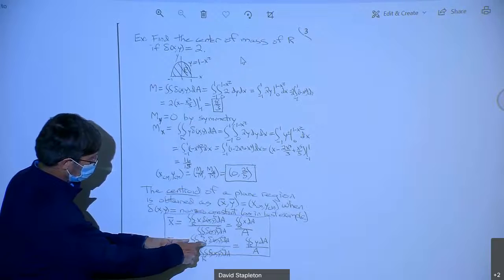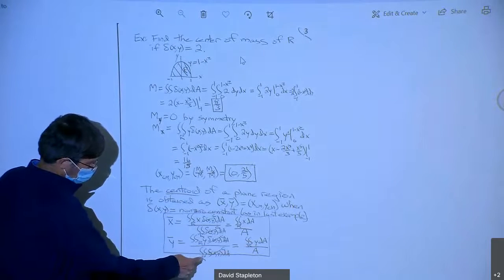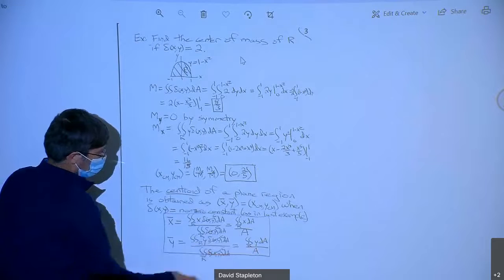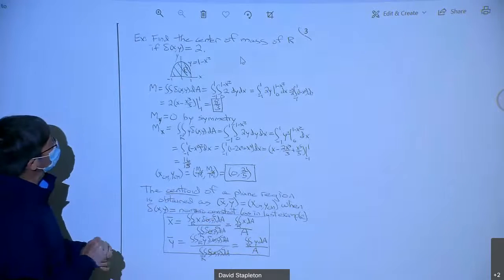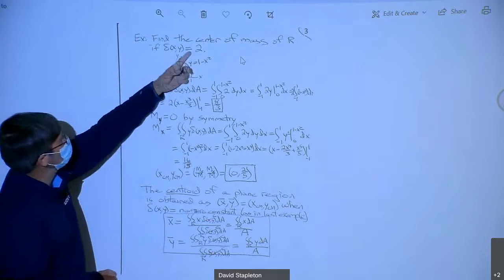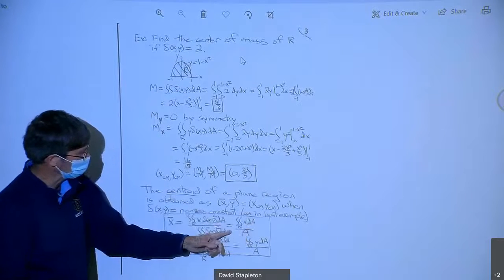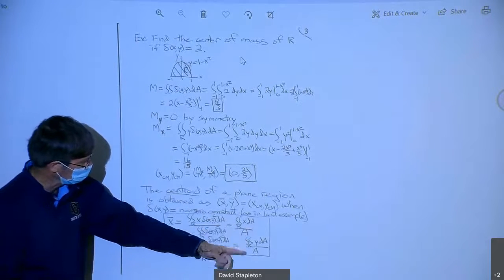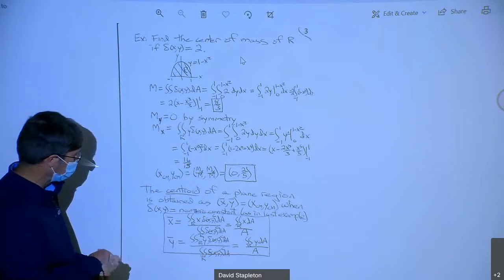Then you have the double integral of y dA, and the bottom integral is just the area. And these things we call the centroid. When you have constant density, the density cancels out, and this XY position is called the centroid of the lamina or the solid.